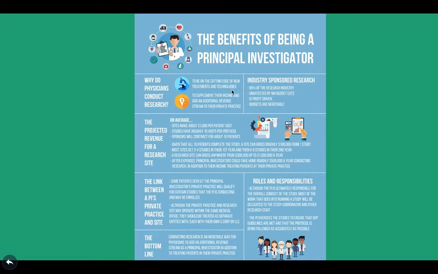We get to be on the cutting edge of new treatments and technologies. You can supplement your income and add an additional revenue stream to your private practice. We can get into the 4 levels of being a PI. We've done a whole webinar on this. Level 1 is just getting started in research by being a PI. Then you eventually work your way all the way up to where you come up with an idea and do the studies yourself on your own IP, your own intellectual property.